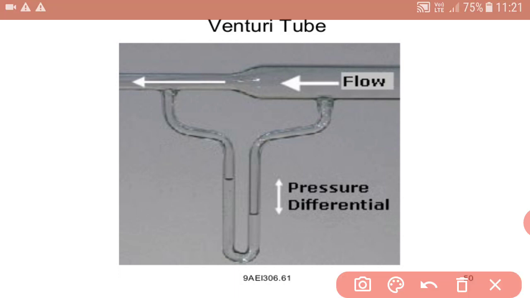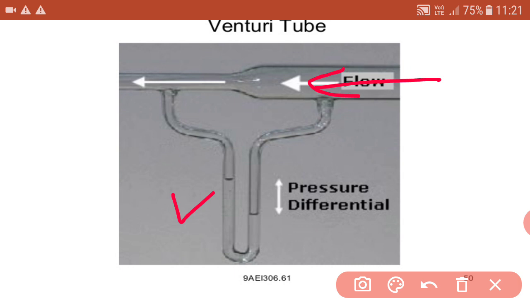This is the practical Venturi tube, and here we can see the differential pressure. It is found in research laboratories. Here we can see the flow. The diameter is changed.